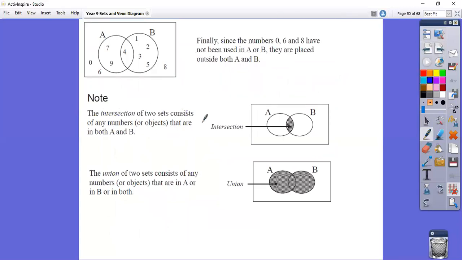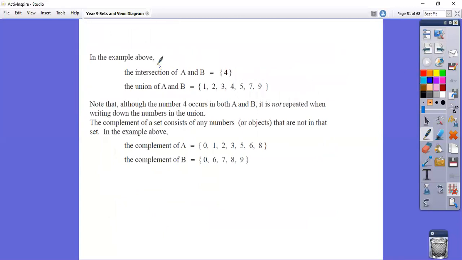Then it gives you the notes on where the intersect is, and the union, where the shaded area shows you the two combined. The example shows the intersection of A and B, and the union of A and B are all these elements. I'm not going to read this all to you because you can read it yourself.